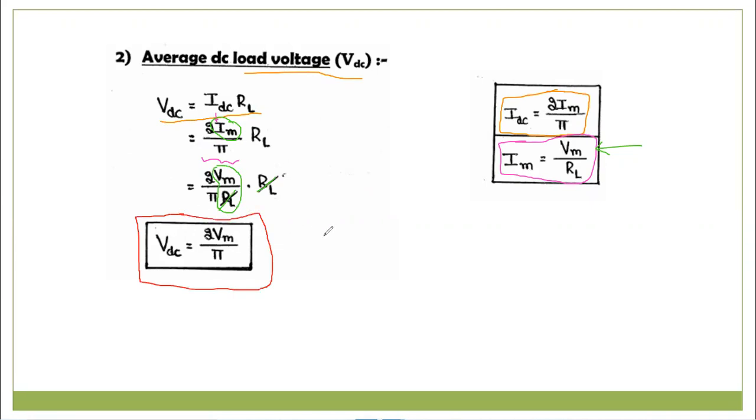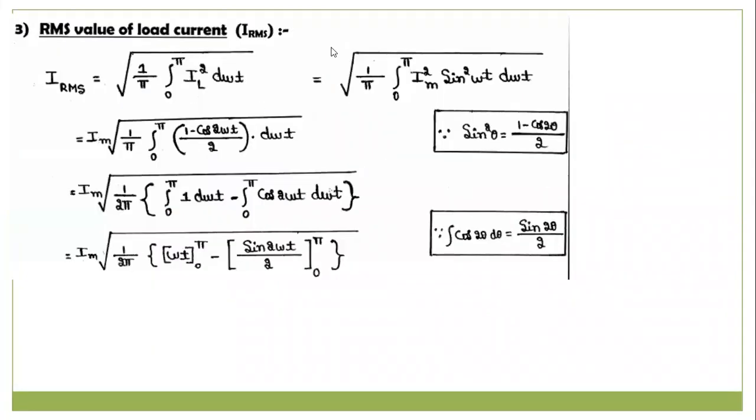This is the formula used to calculate the DC load voltage for a full wave center tap rectifier. Once we have this expression, we'll proceed with the next expression, which is calculating IRMS. IRMS is nothing but the root mean square value of the load current.